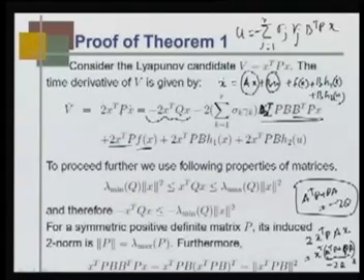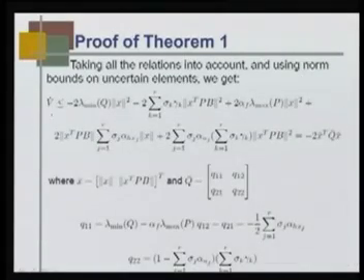So, V dot is less than some quantity, and that quantity is here. V dot is less than minus 2 lambda min Q x norm square, then this is the norm bound of the second term, this is the norm bound of the third term, this is the norm bound of the fourth term, and this is the norm bound of the fifth term. We had 5 terms. Okay.